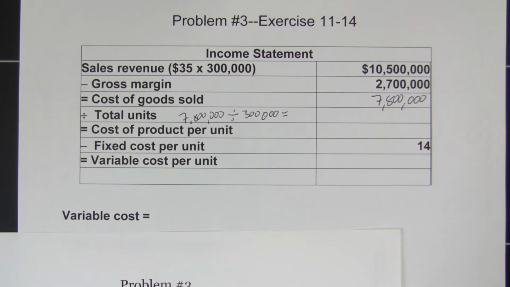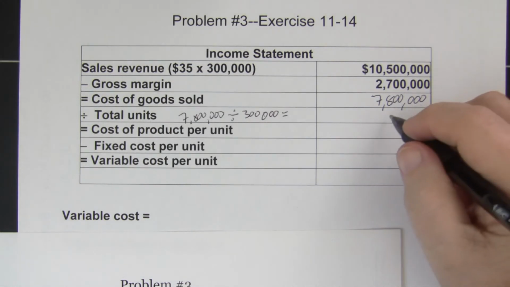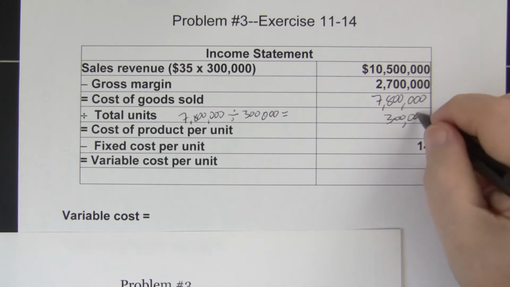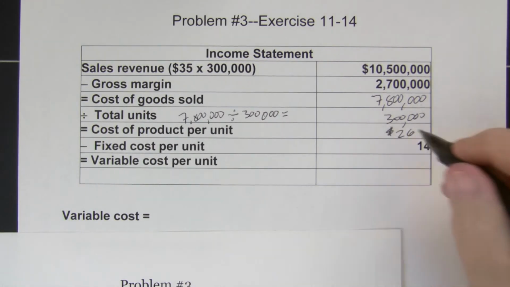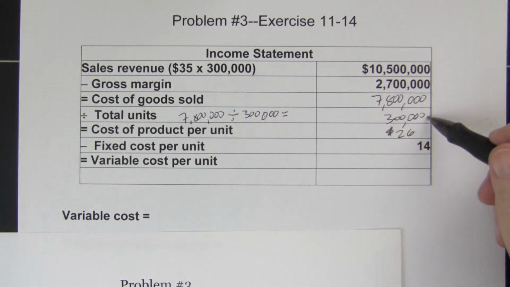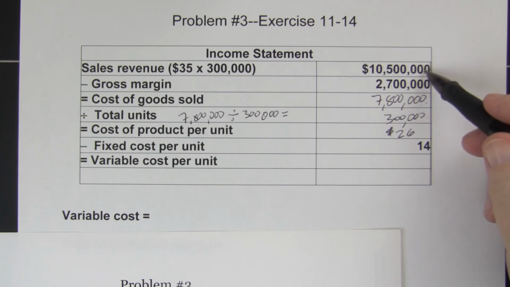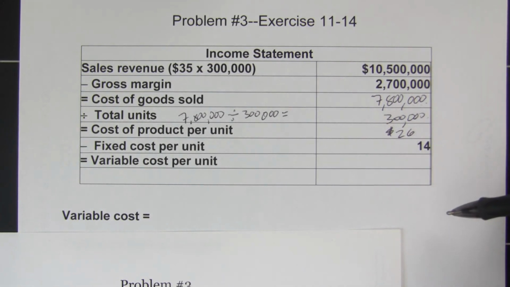And we find out that the average cost per unit was $26 per unit. We made 300,000 units. They cost us $7,800,000. We sold them for $10,500,000. Gave us a gross margin of $2,700,000.